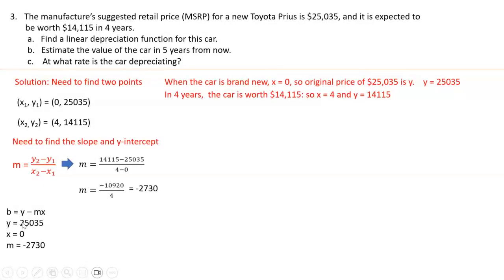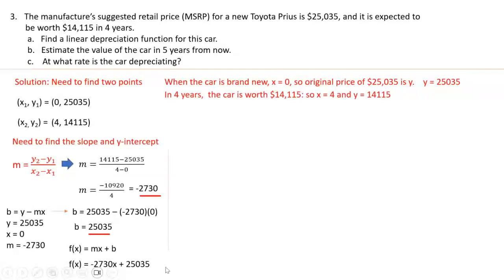X is 0 and y is 25,035, and my slope is, I mean negative, 2,730. We plug them in, and we found our b. Our b is $25,035. So we put them together, my slope, my b. So f of x equals negative 2,730x plus 25,035. That's the solution for part A.